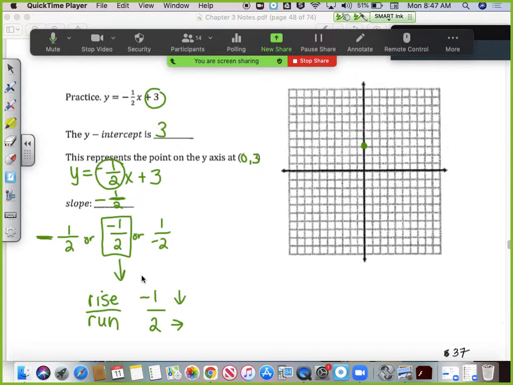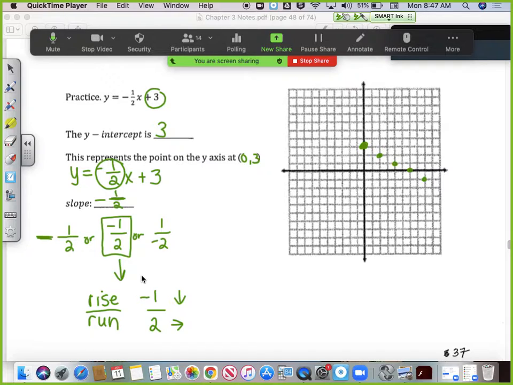So this slope, negative 1 over 2, means that I would start at my y-intercept, which is (0, 3) right here, and then from here I go down 1, and I go over 2, and I make a point. I go down 1 and over 2 from there and make a point. Down 1 over 2, down 1 over 2.